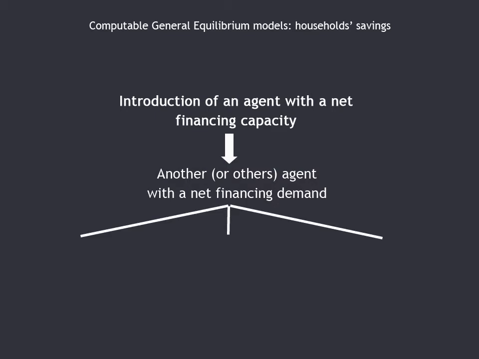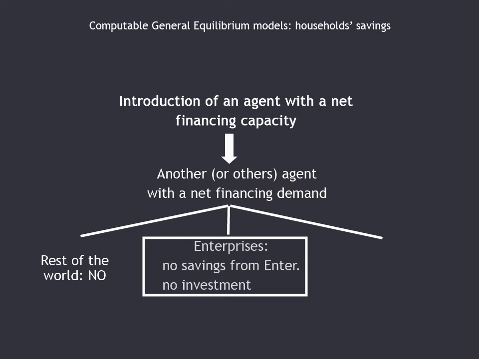In our model, it may be 3 agents. Either it is the rest of the world, but we did not until now consider relations with the rest of the world. This will be done later on. Or it is enterprises, but until now we did not consider either savings from enterprises or investment from enterprises. We will do it at a later stage.